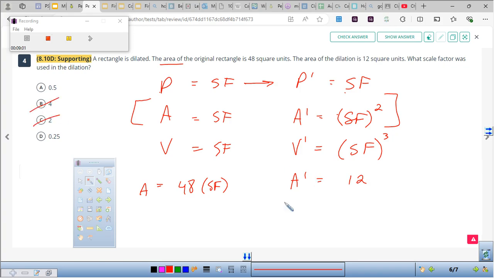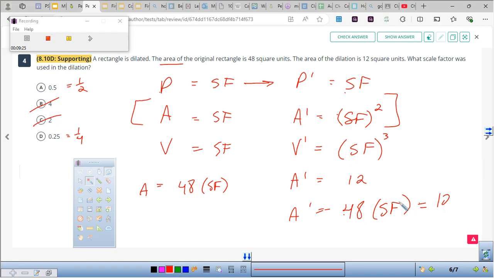Initially you think the original 48 is multiplied by some scale factor, and it looks like 1/4. Remember that. And this one here is 1/2. It looks like 1/4.